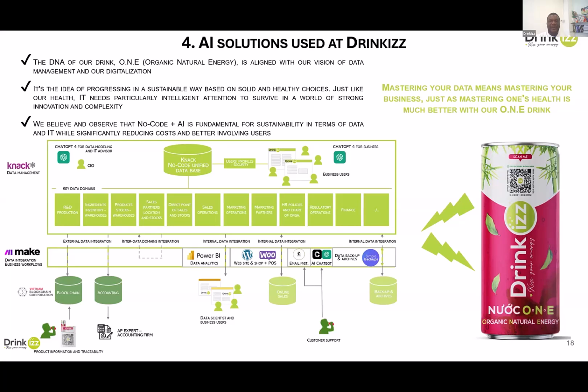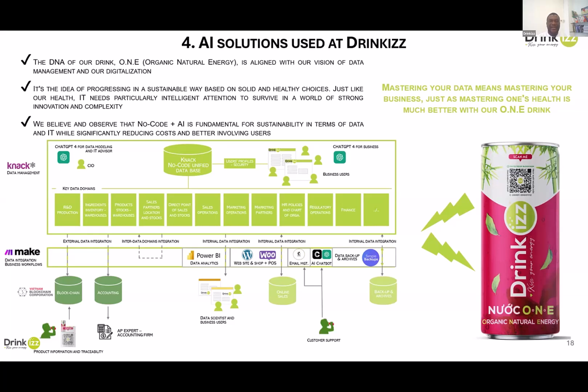All the tools here are no-code and AI. This includes a tool to accelerate data modeling with ChatGPT, as we saw previously. To centralize data in a no-code database, we use O.N.E. To virtually assist customers at any time with the AI chatbot, we use ChatBase. To analyze our data, we use ChatGPT Advanced Data Analysis.